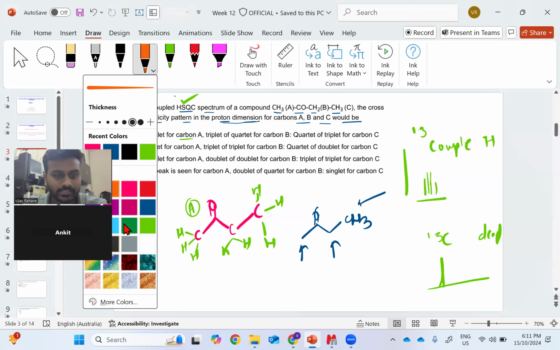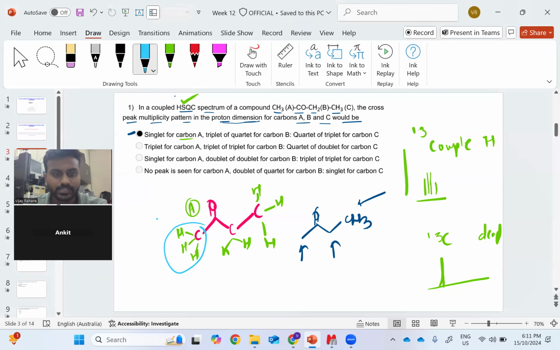I will just take another pen. So here, if you look at this carbon, there is no adjacent nuclei, so that's why it shows a singlet. If you look at the second carbon, it has the adjacent carbon which has the NMR active nuclei, the three, so it will show a quadrate, right? And the third carbon, carbon C, which has the adjacent, a triplet of quadrate.